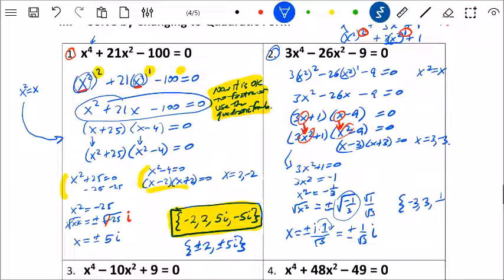Oh, wait a minute, I forgot something. Can't quite do that last one yet. Good thing I caught it here, because right now that means we have to rationalize this. So we have 1 over the square root of 3. We have to multiply top and bottom by square root of 3, because remember, you're not allowed to have a square root on the bottom of a fraction.